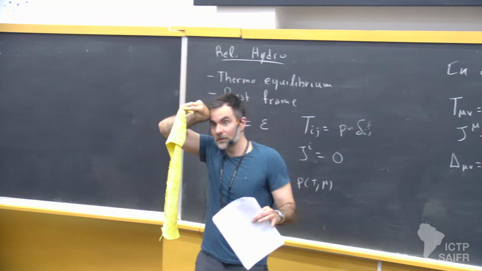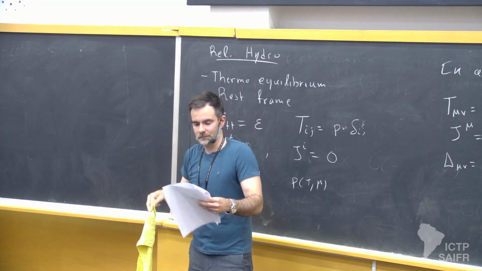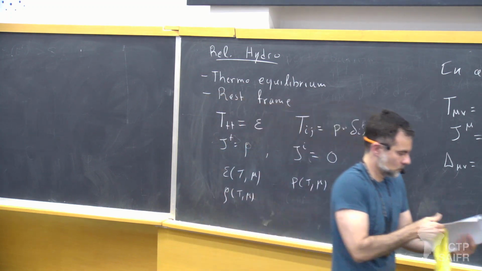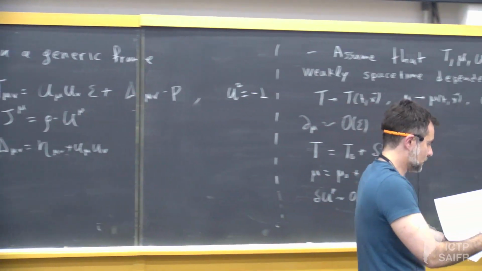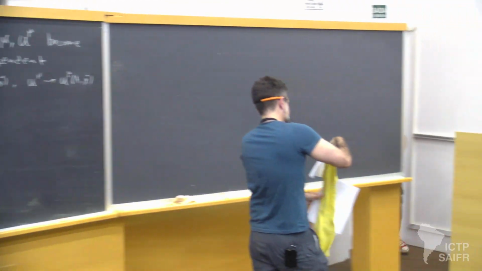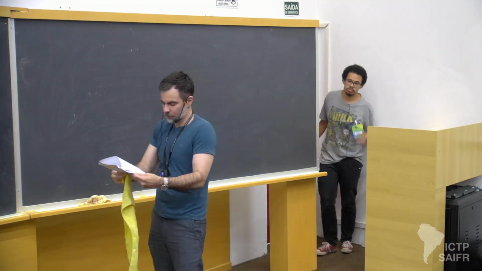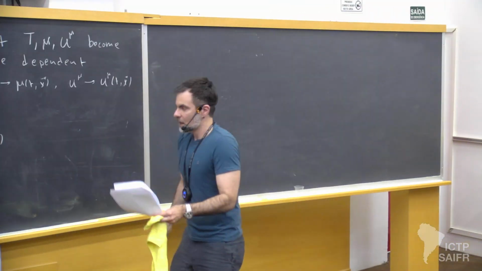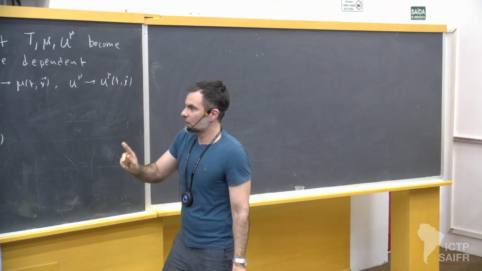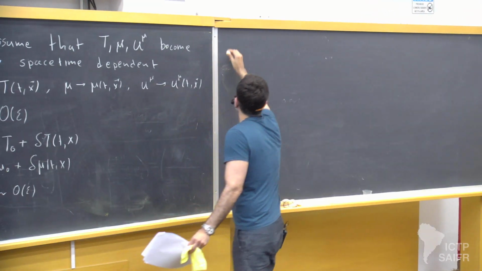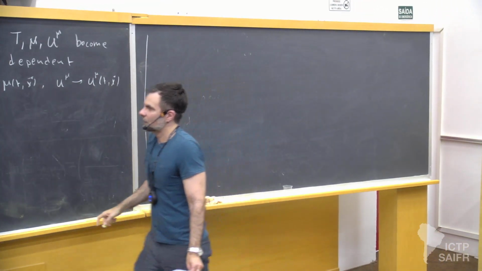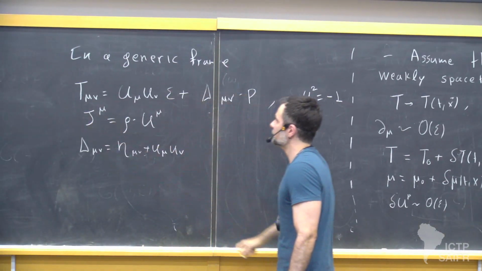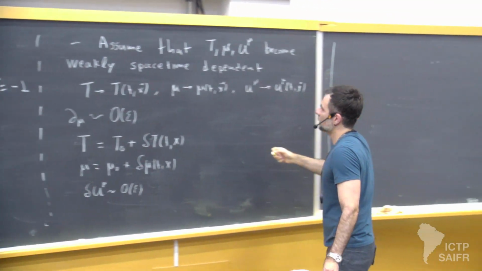Any more questions? Good. So at this level, what do I want to do? The thing I want you to notice is that I have parameterized the stress tensor and the current by using how many parameters?